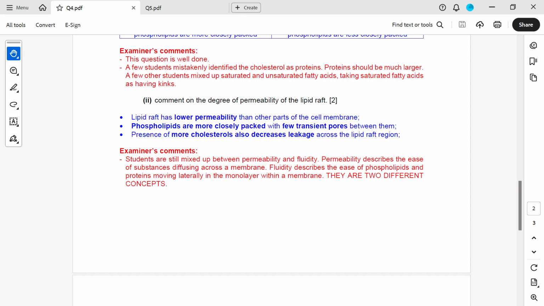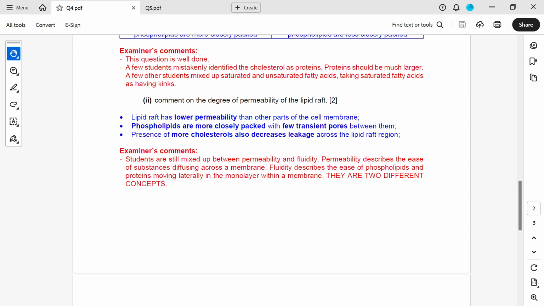So can we once and for all just remember that permeability refers to how easy it is for substances to pass through the membrane or diffuse through the membrane, versus fluidity, which is about how easy it is for phospholipids and proteins to move laterally in the membrane, how flexible the membrane is.